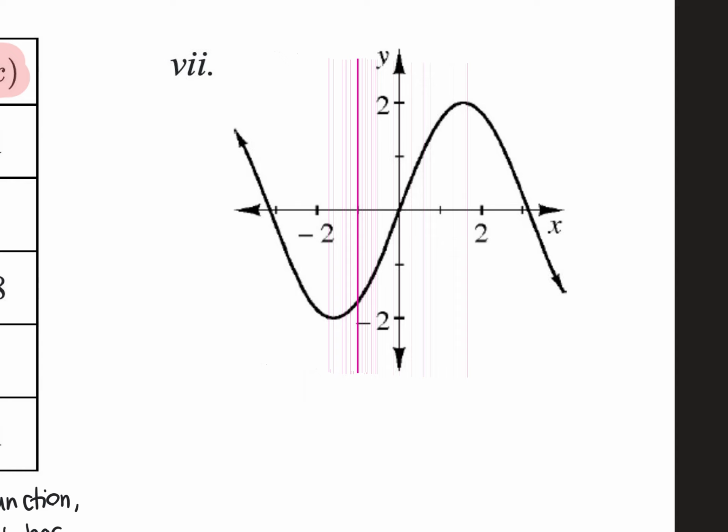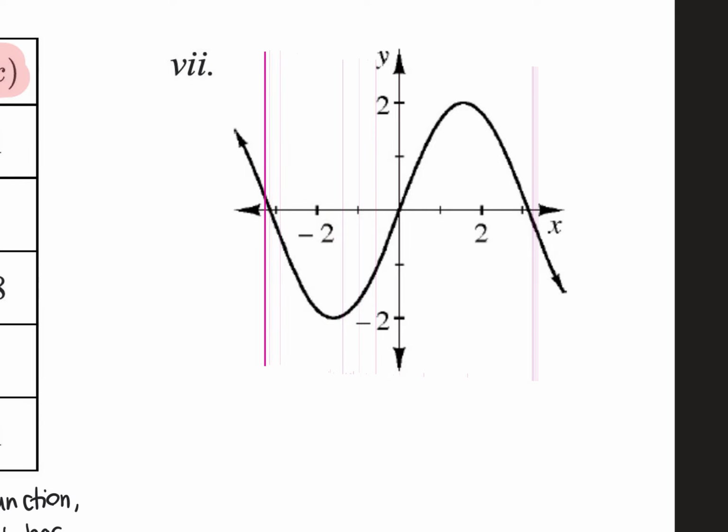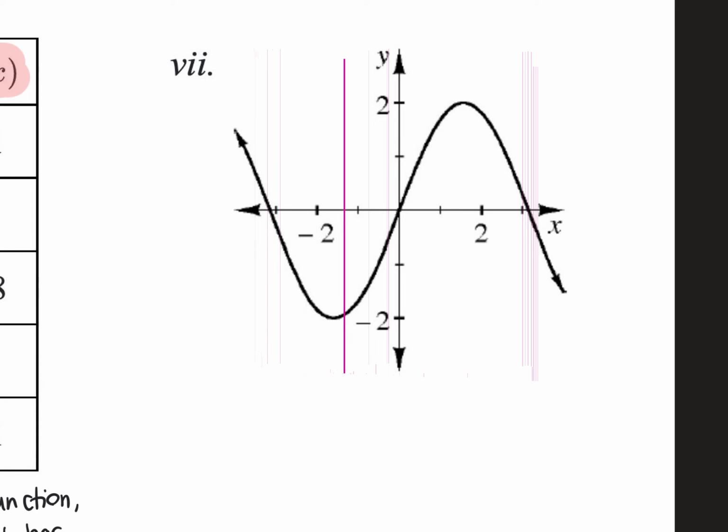If I can move this vertical line anywhere on my graph and there's only ever one output, then it's a function. So I don't have to sit here and test every single input. I can use this vertical line test as a quick way to determine whether or not it will behave like a function. Because no matter where I move that vertical line, I only ever have one output, we can say, yes, it is a function.